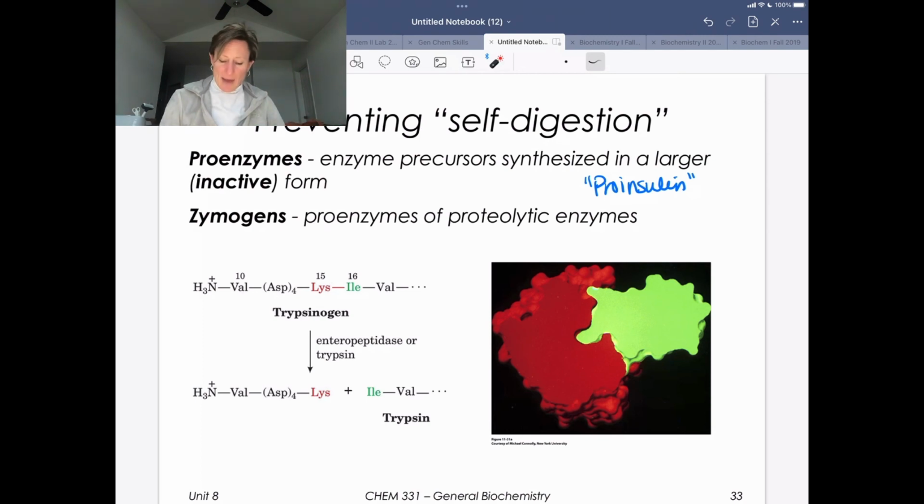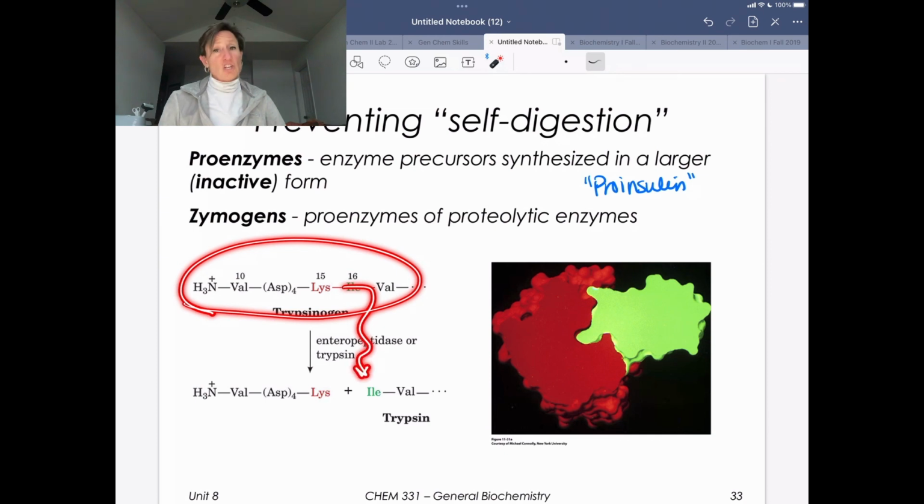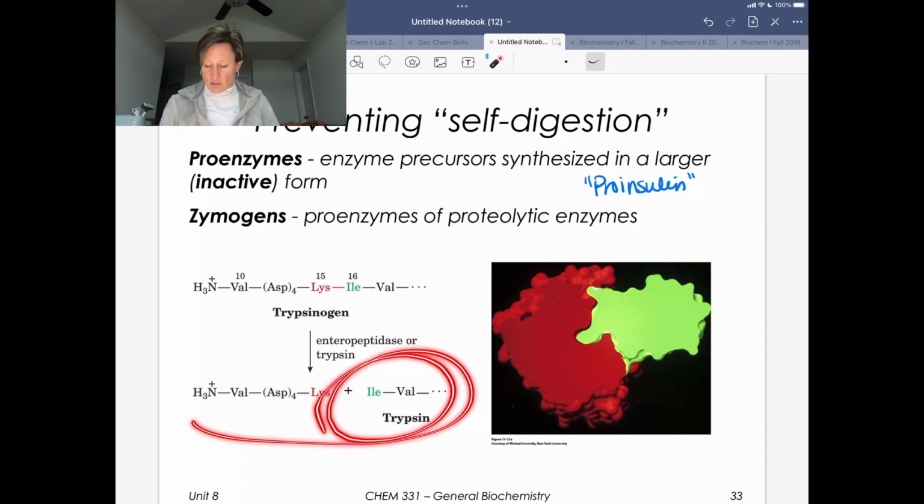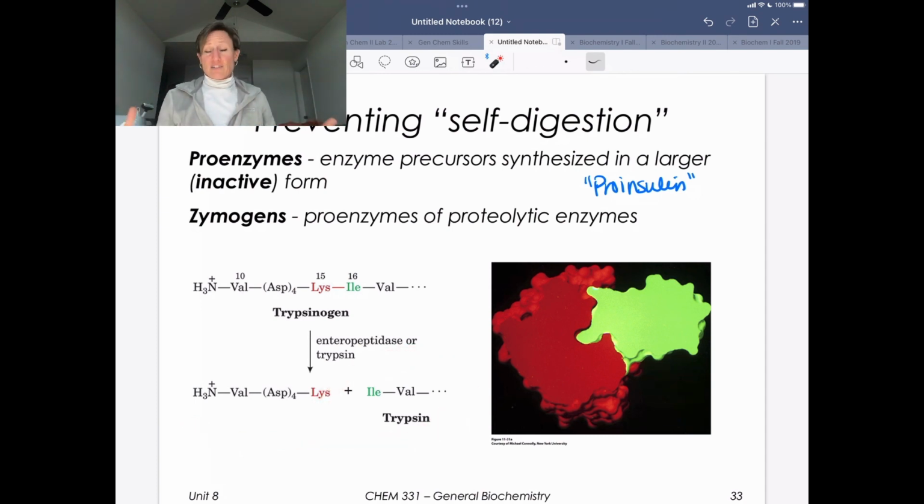Okay, so what's going to happen is you've got this inactive precursor form that gets squirted into your GI tract. In your GI tract, there's already active trypsin or other peptidases that are going to cleave off this N-terminal tag, and then you're left with this active protein refolded and able to do its digestive chemistry.